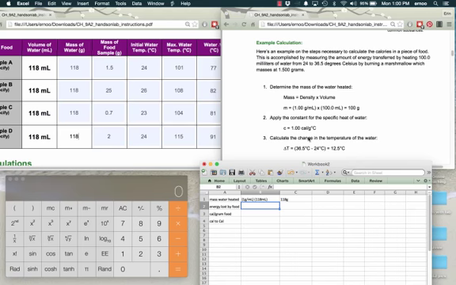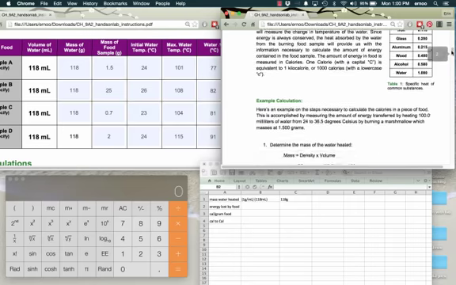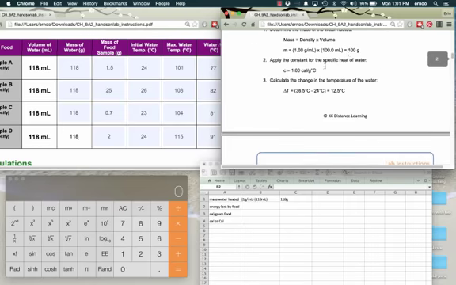Okay, the energy lost by the food. Another thing we need to note is that the specific heat of water is always 1 calorie per gram degree centigrade. What does that mean? Well, if we have 1 gram of water, it will take us 1 calorie to raise that 1 gram of water 1 degree centigrade.